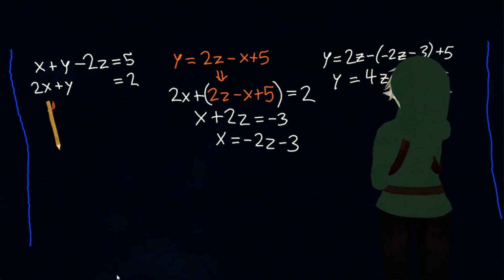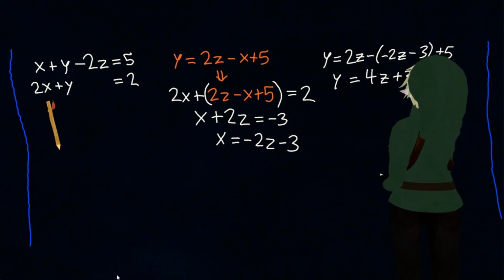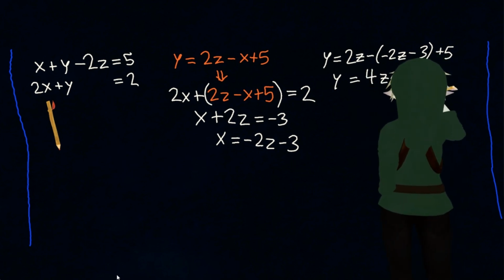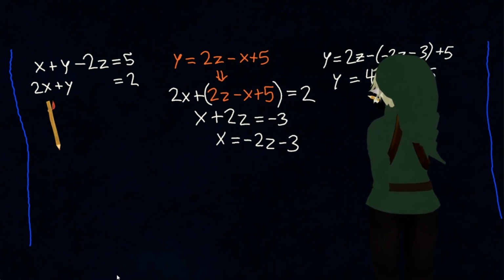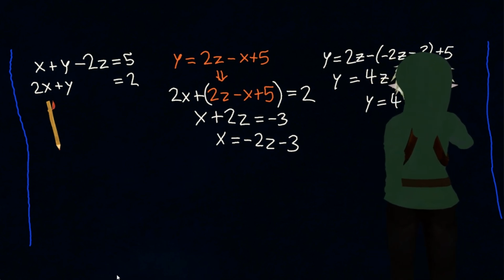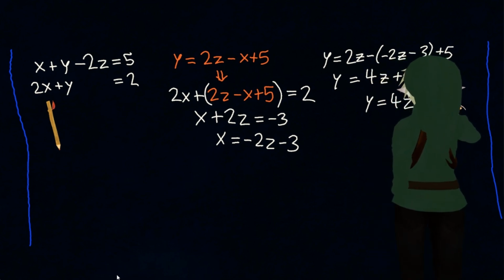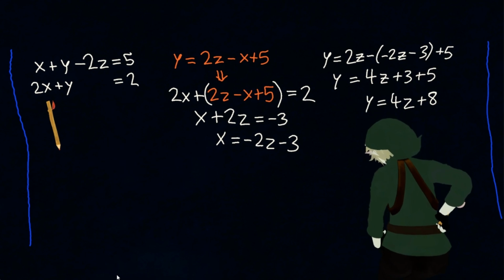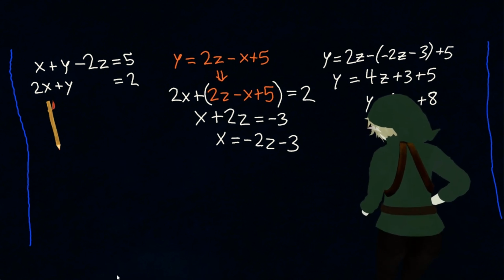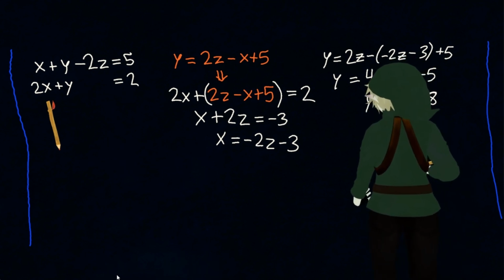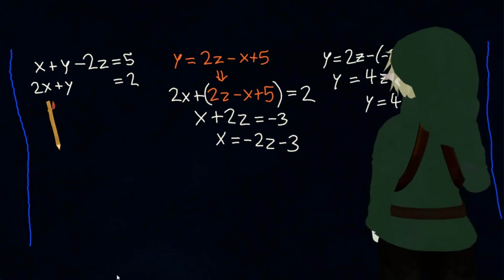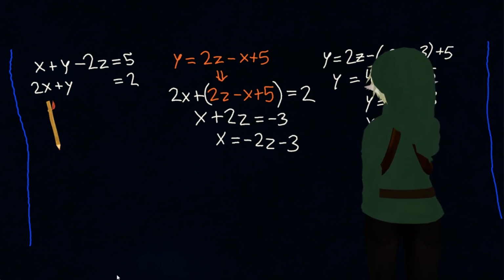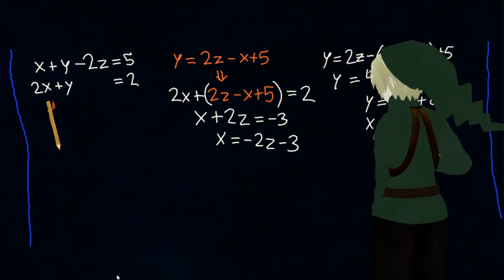So this is now positive 3 plus 5. So our answer, we have y equals 4z plus 8. Okay, it seems like that's exactly what I have. Yep. So what we have is our answers in terms of z.